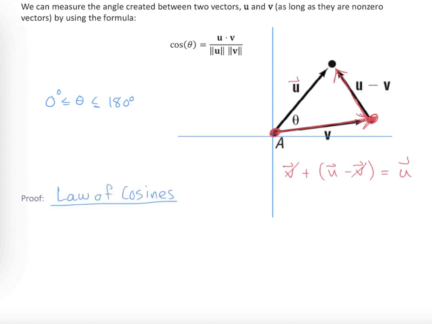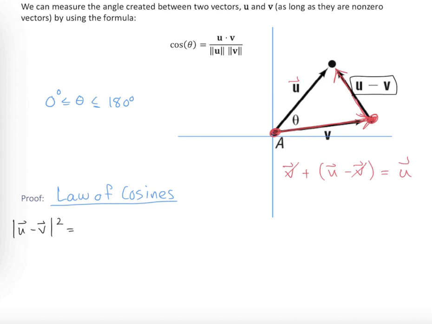So for this proof, we're going to use the law of cosines from trigonometry, which says that if I look at this side here, u minus v, and we want to talk about that as a length, so let's look at the magnitude of the vector u minus v, and we square that side.